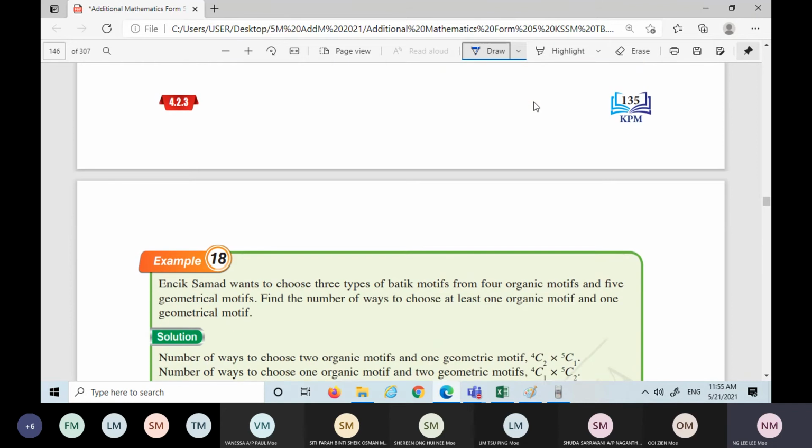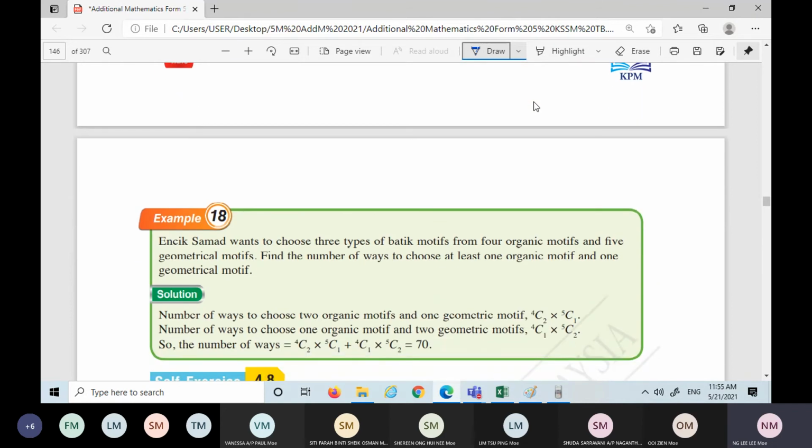Okay, go to these questions. Samad wants to choose 3 types of batik motif from 4 organic motifs and 5 geometrical motifs.